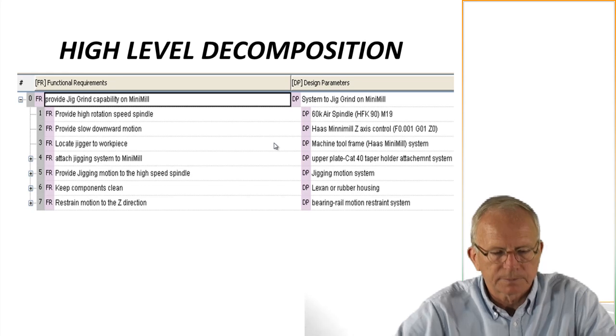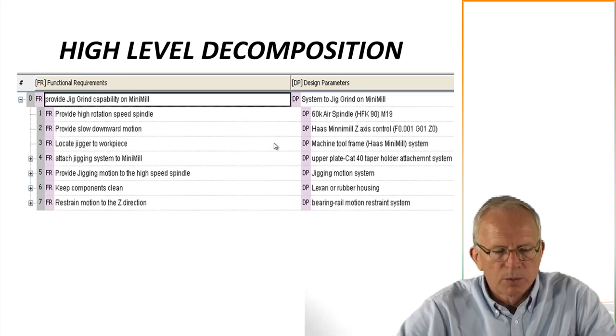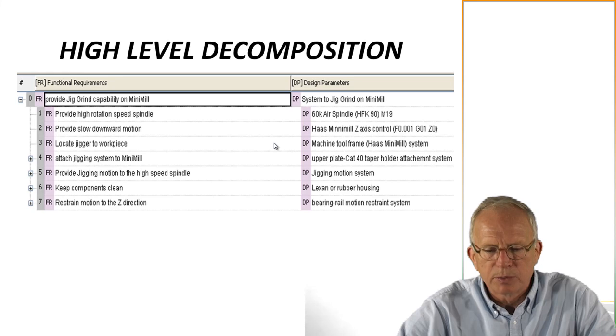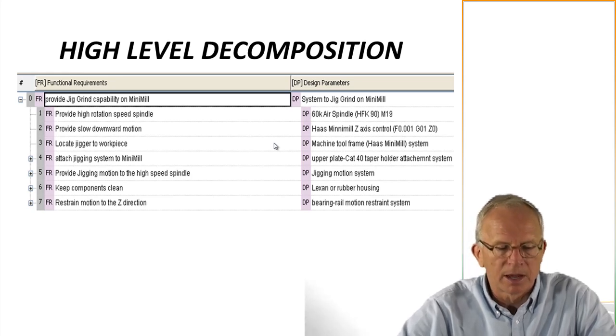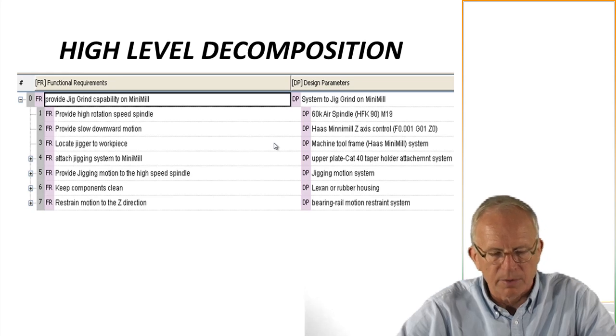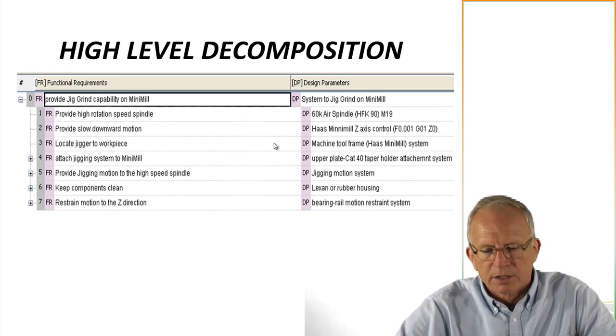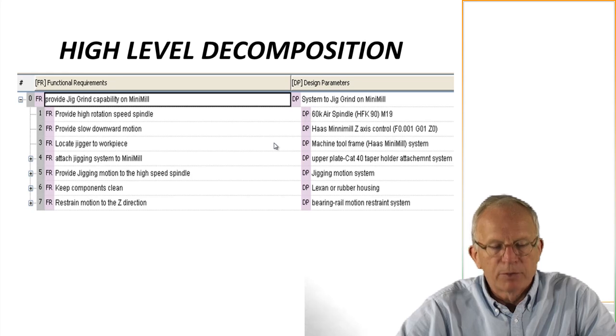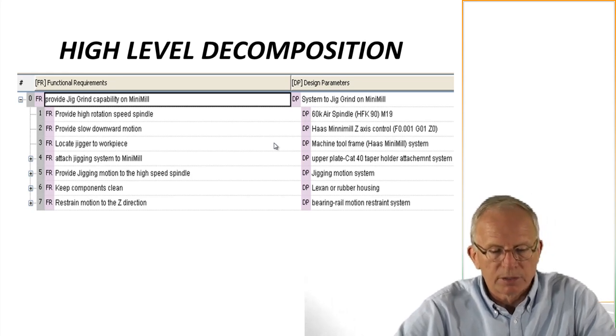Now, one of the things that changed as we did this is that the jigging motion, they found out, could not be supplied adequately by the Haas mini mill. There's so much motion jigging up and down, not as intended for that era anyway of a milling machine. So now there's an FR5, which is provide the jigging motion to the high-speed spindle.